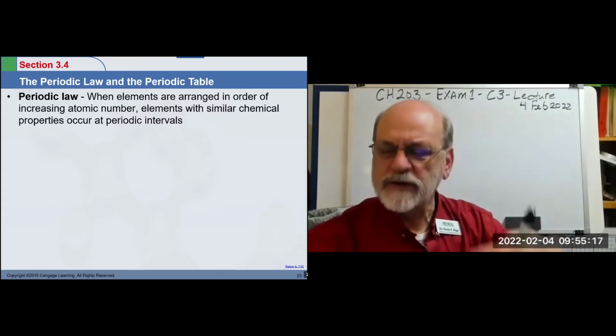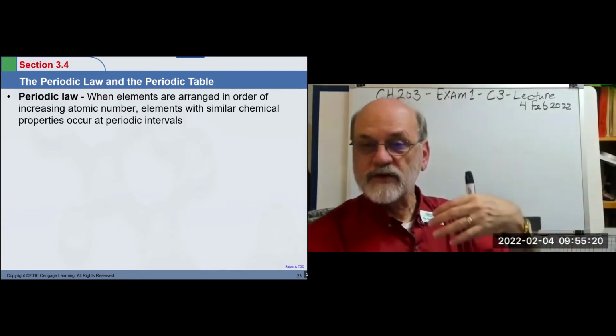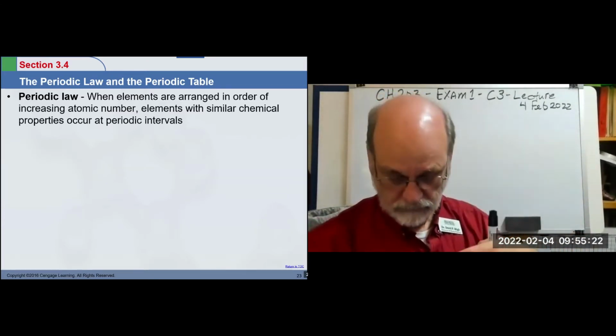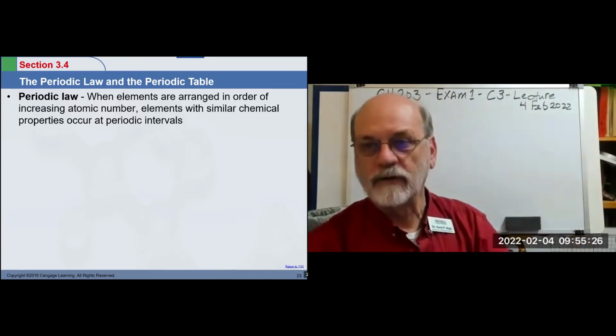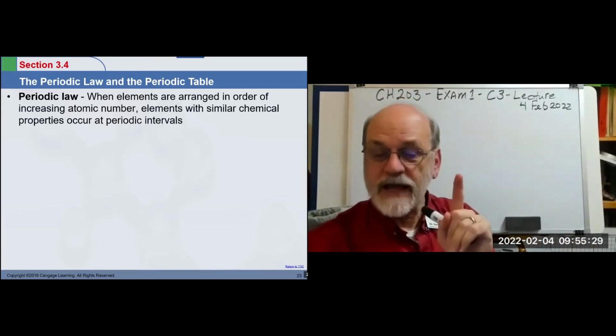It doesn't actually build the model of the atom, but it helps us to understand and deduce the structure of the atom from the table. So this is the first step, the periodic law.